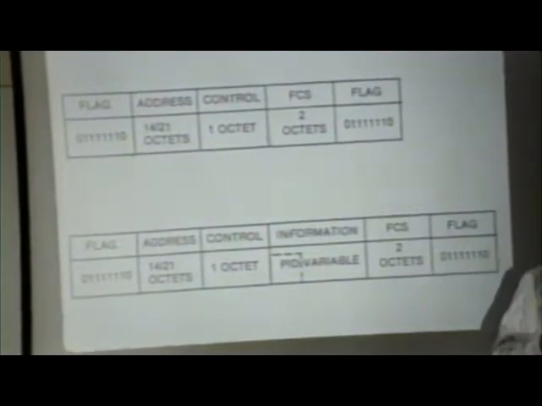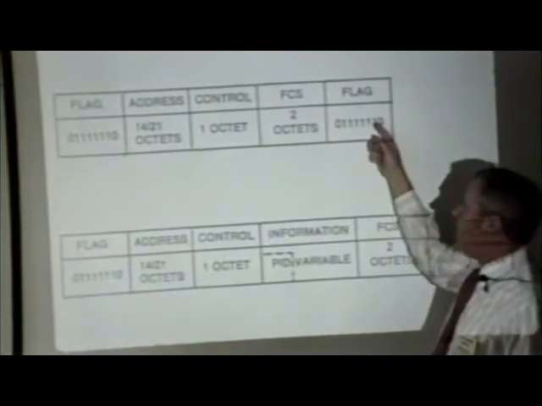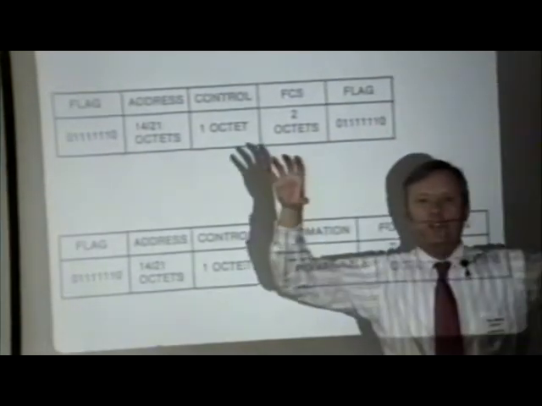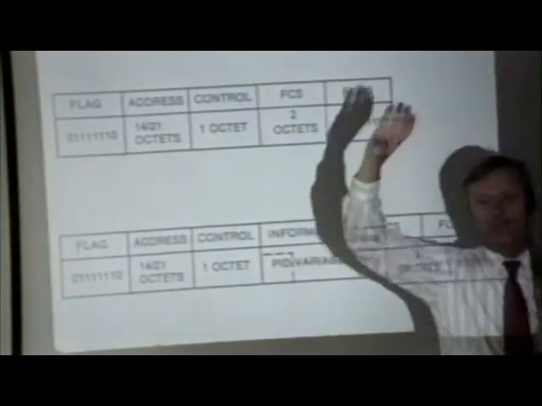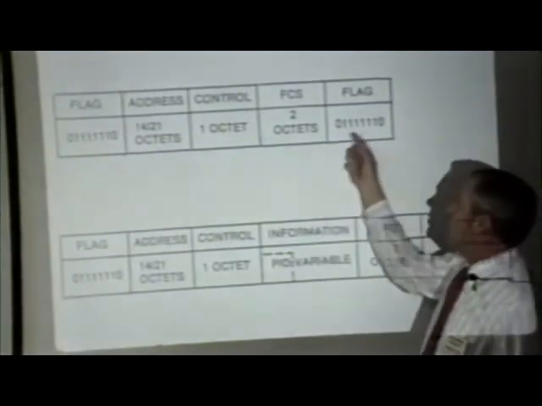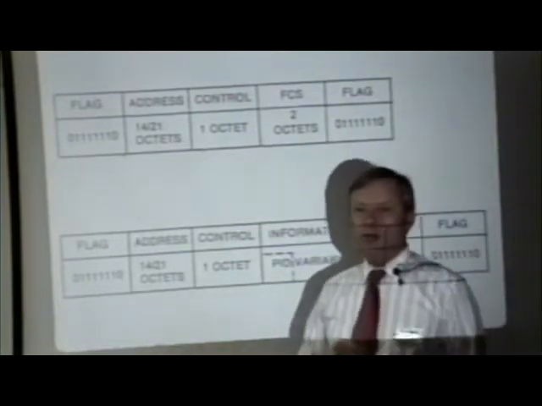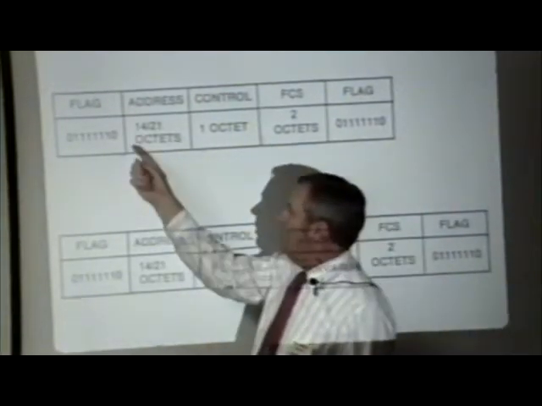That's a specific bit pattern structure that tells the receiving TNC when to start looking at the bits and when to stop looking at the bits. Remember in the ASCII character we had a start bit and a stop bit? Now we have start bits and stop bits. This is what they call a bit protocol.